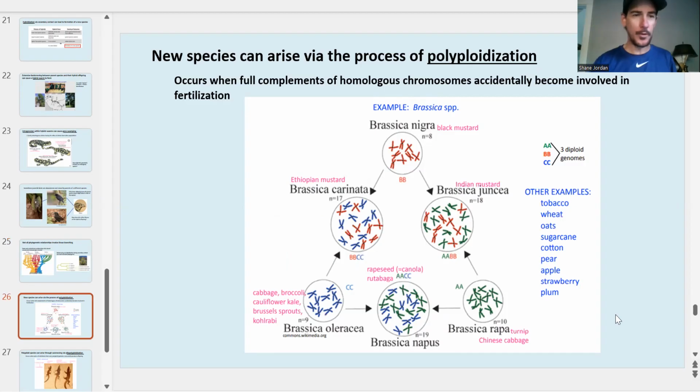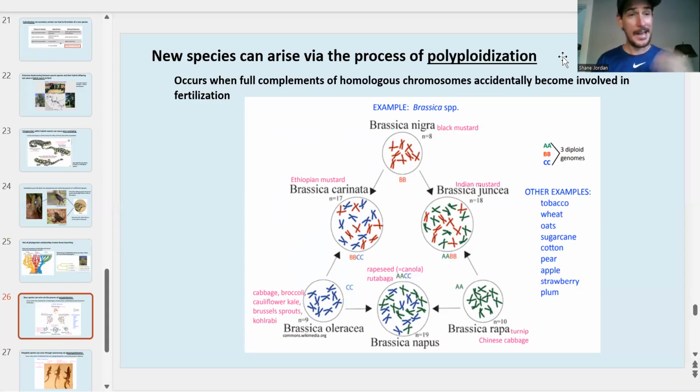And probably one of the most bizarre ways that we see the process of speciation playing out, often in the context of hybridization, is via this process we call polyploidization, which is a little bit far out there, and I don't want you to get overwhelmed by it, but I invite you to recognize that the word polyploidization refers to the fact that this involves situations where the cells of individuals carry more than two sets of chromosomes.